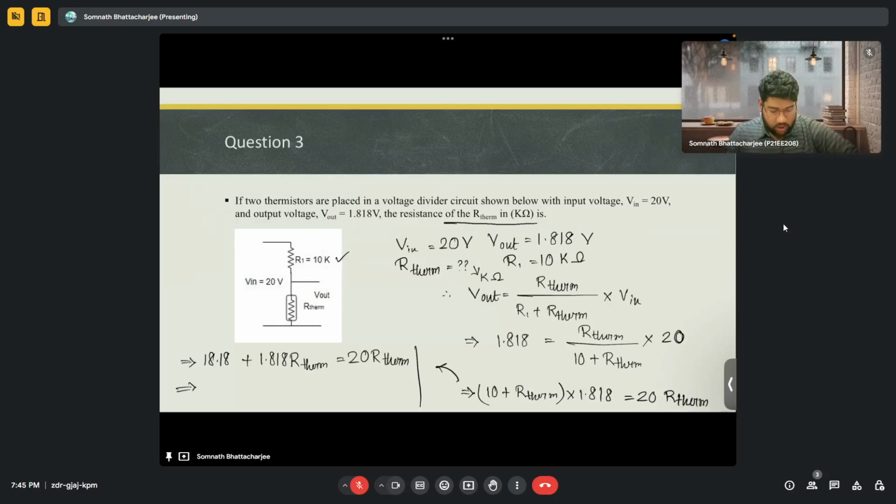Now, if we just calculate this, it will be nothing but 20 minus 1.818. So it is nothing but 18.182 R of the thermistor.